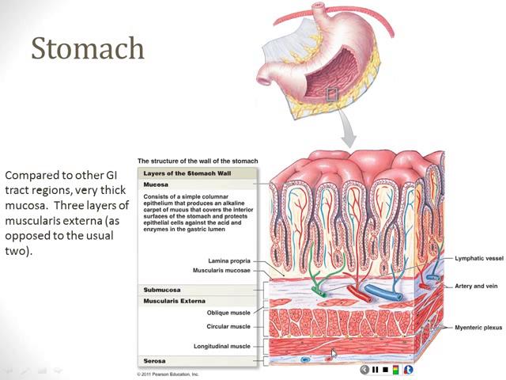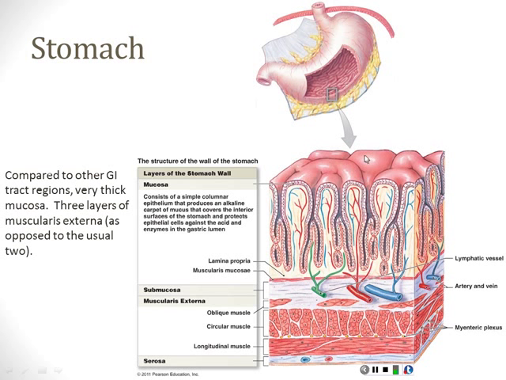Remember when we started last time, we looked at the 3 layers of the GI tract, the mucosa, the submucosa, and the muscularis externa, and then the serosa on the outside. Well, for the stomach, the mucosa, which is this part right here, is very, very thick and complex.